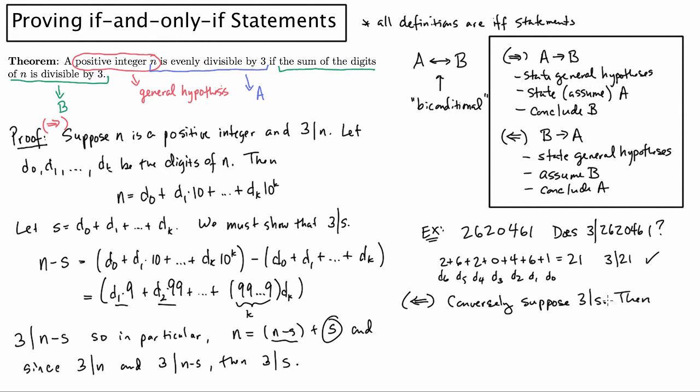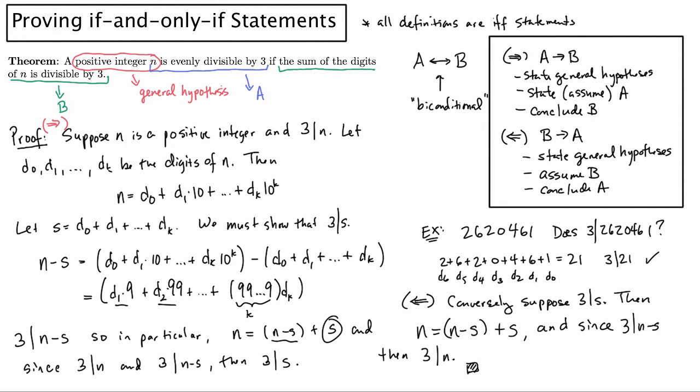Then I know that I can write n as n minus s plus s based off what we did previously. And so if 3 divides s, since we know 3 divides n minus s, then 3 must also divide n. And so we are done.